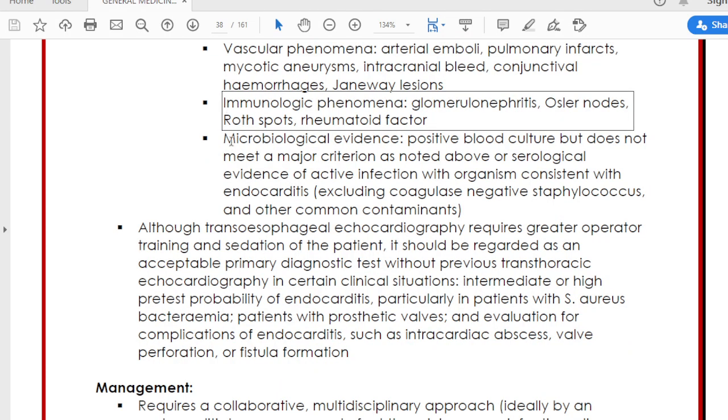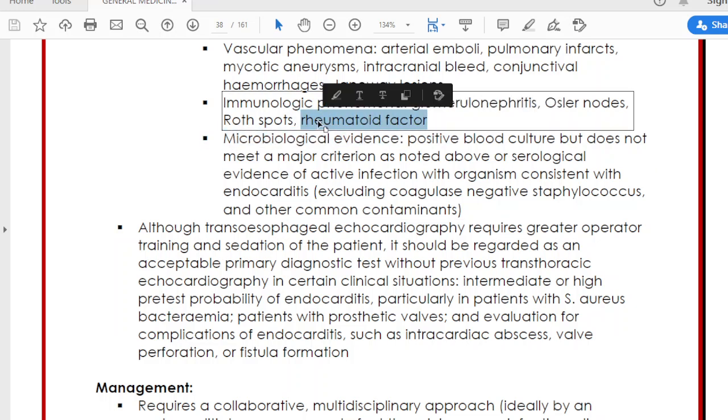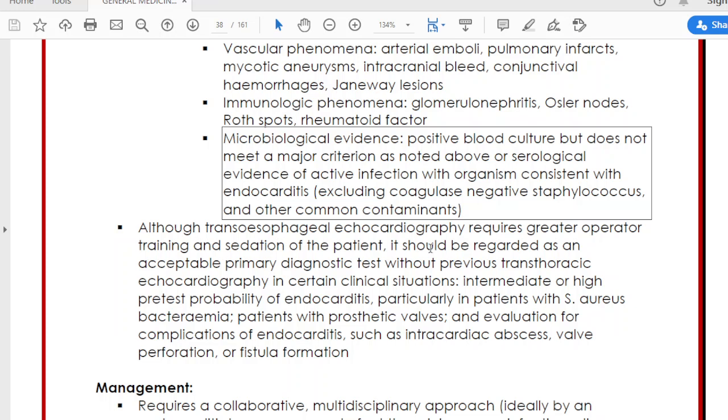Immunologic phenomena: glomerulonephritis, Osler nodes, Roth spots, rheumatoid factor. Microbiological evidence: positive blood culture but does not meet a major criterion as noted above, or serological evidence of active infection with organism consistent with endocarditis, excluding coagulase-negative staphylococcus and other common contaminants.